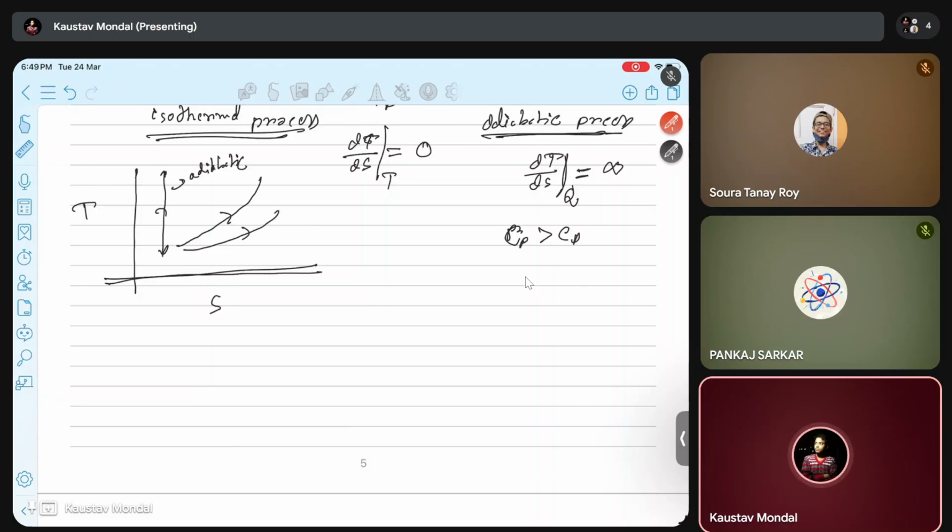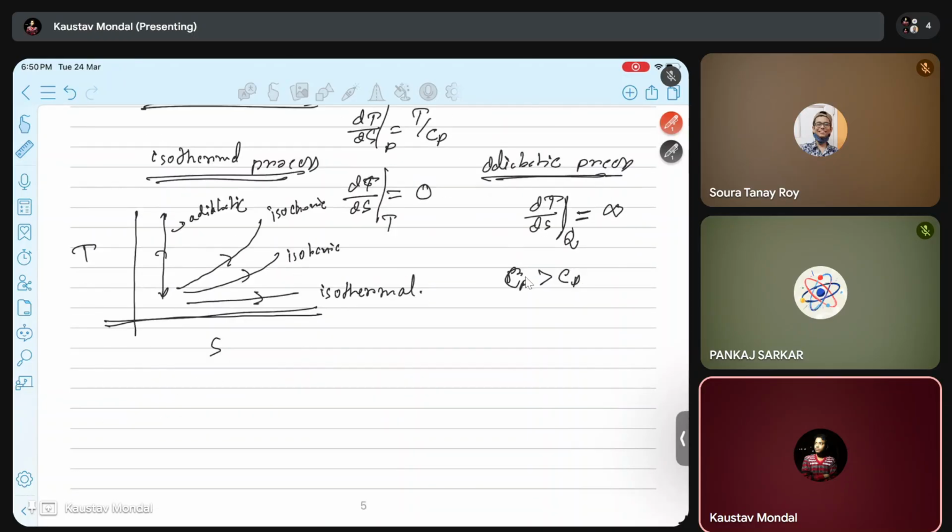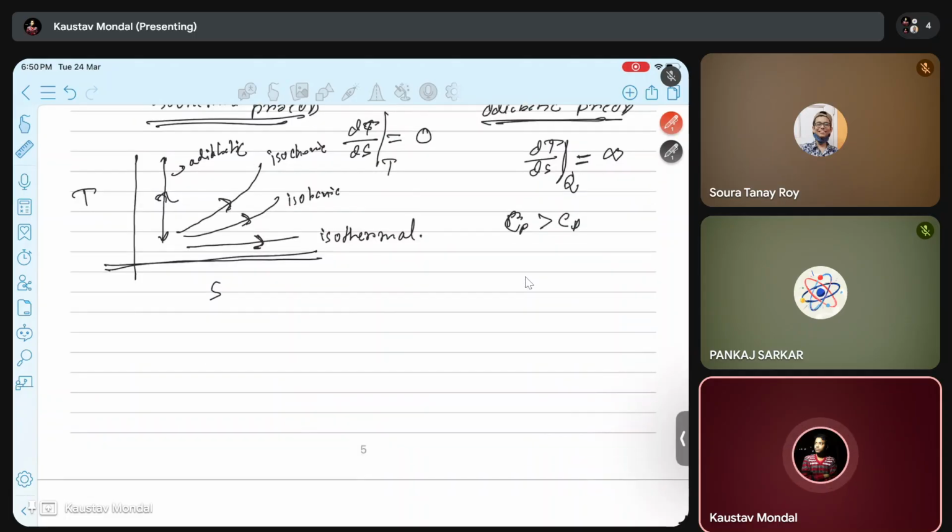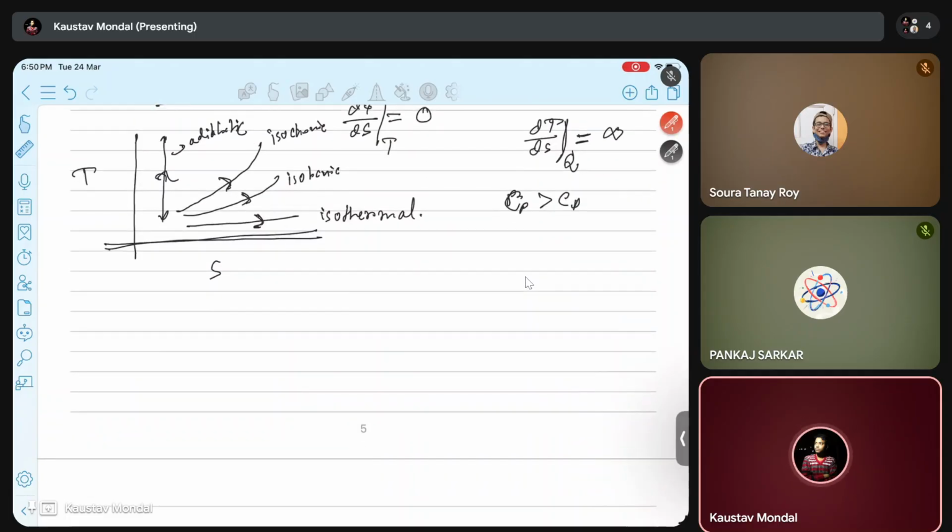So isochoric has a higher slope, isobaric has a lower slope, and for isothermal, it will be a straight line since it has a slope of 0. So this is how a basic TS diagram looks, compared to a PV diagram.